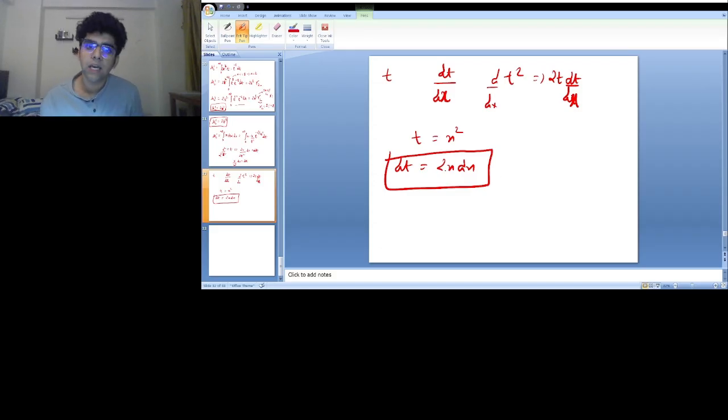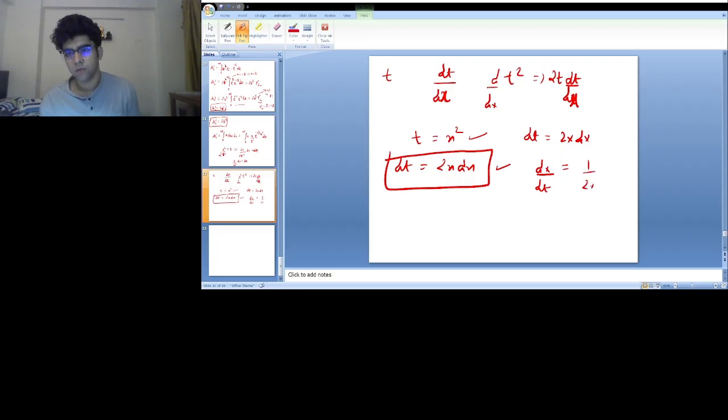So if I need to find the derivative using this, I'll be finding dt. I need to find dx by dt, right? If I need to find dx by dt, as this is dt and this is 2x dx, dx by dt will become 1 upon 2x, right?